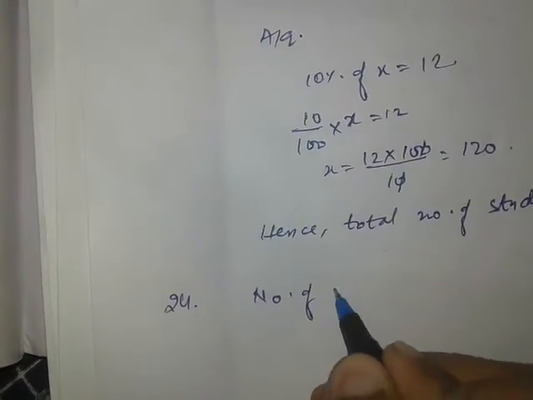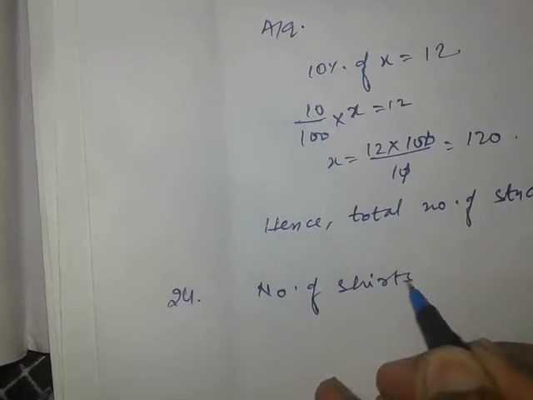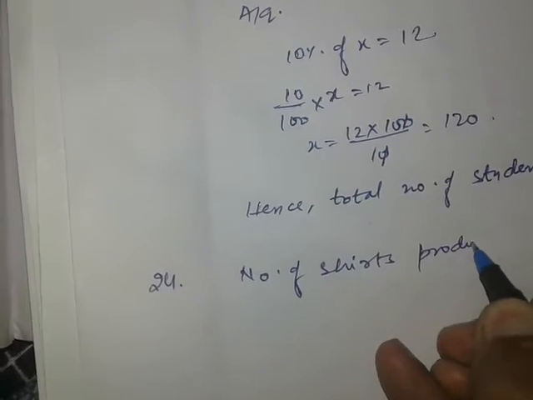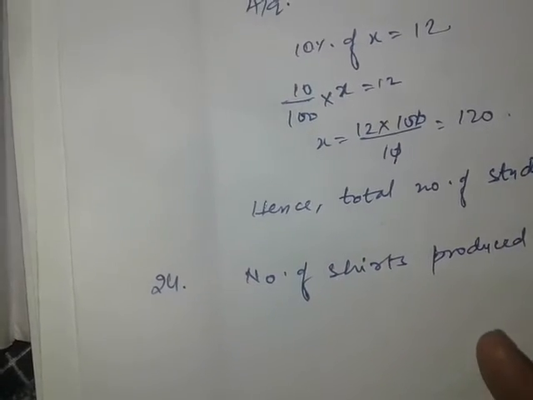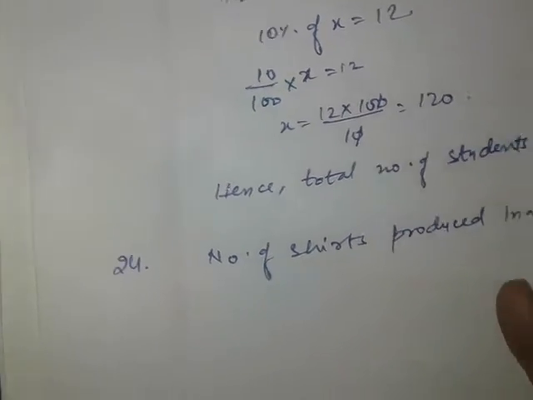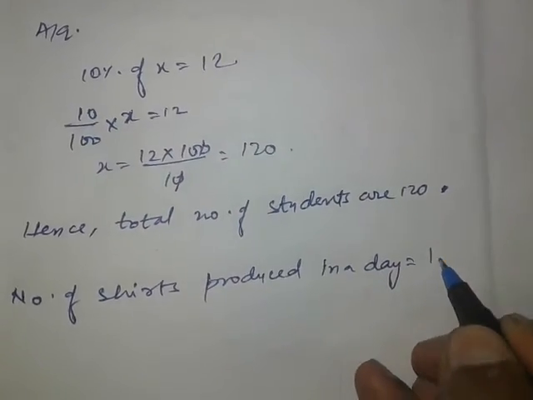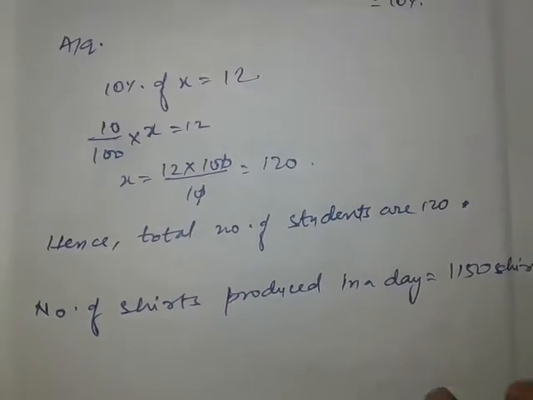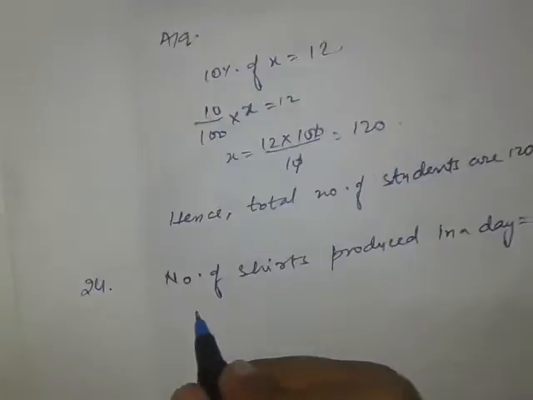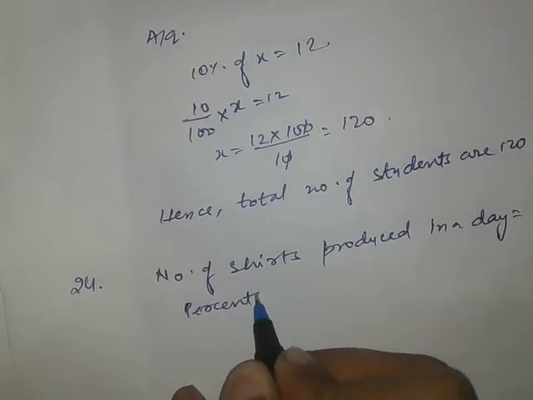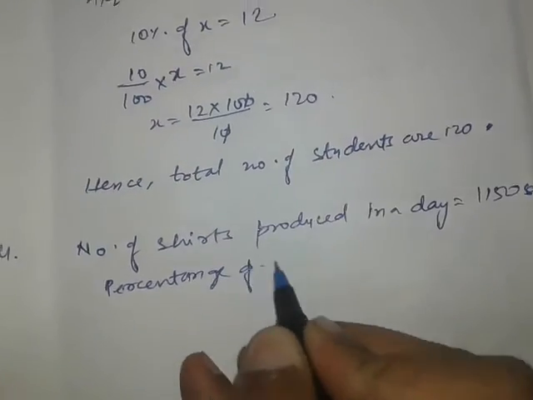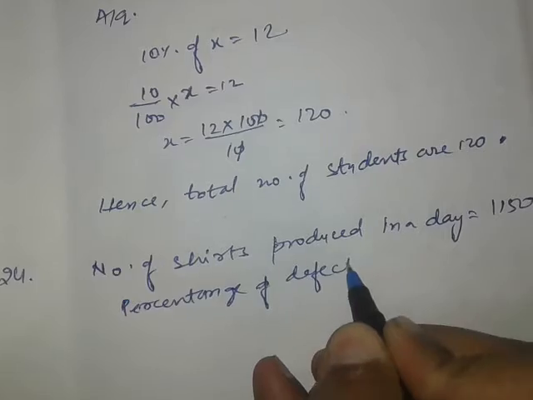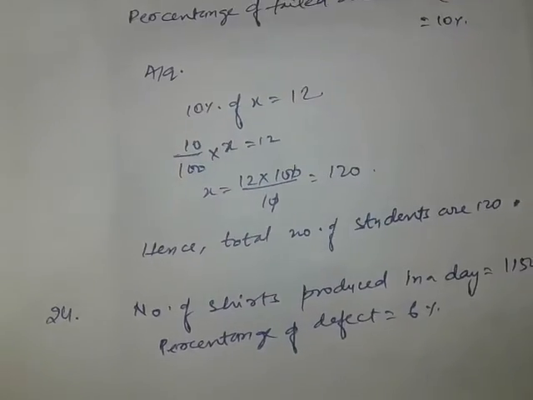The number of shirts produced in a day is 1150 shirts. The percentage of defects is 6%.